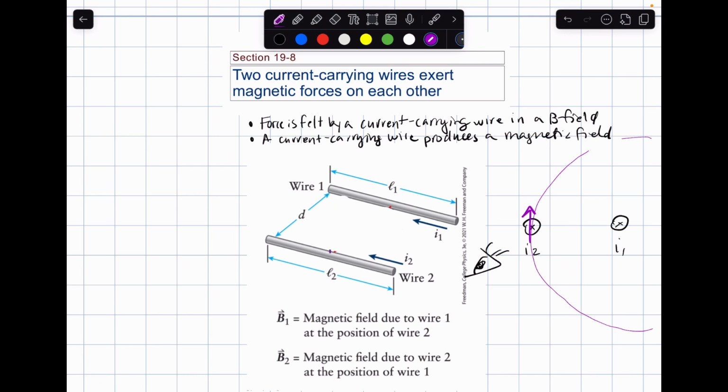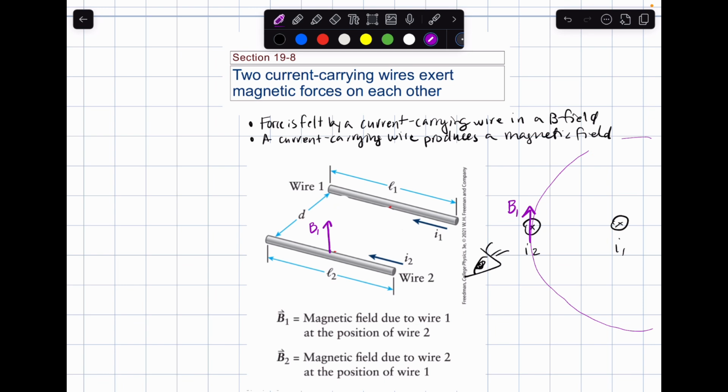Thumb into the page, swirl it around until my fingers stop to the left of my thumb, and the magnetic field will be pointing up. So this is the magnetic field created by current 1 at the location of wire 2. That is this vector right here.